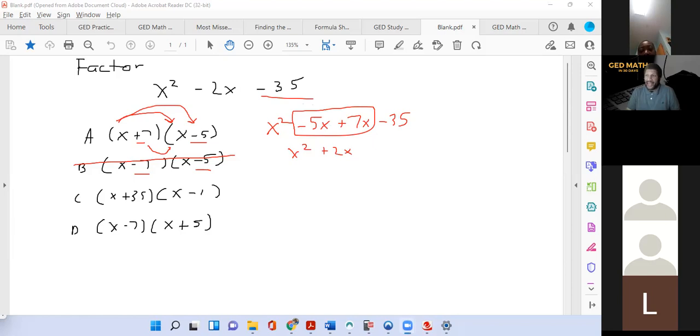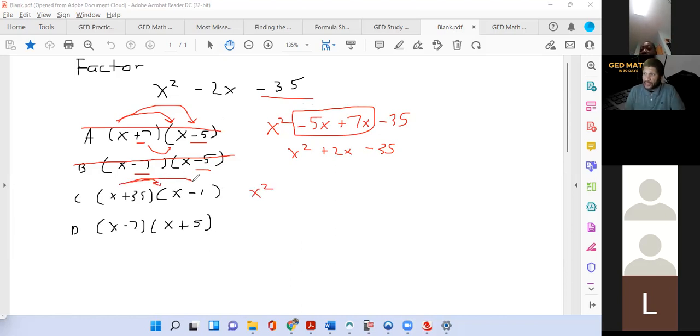So it is not A. Why? Because we're looking for a minus 2x. How do we know it's not B? Because I want to show you a nice little trick. Remember, we multiply 35 and minus 1. We know x times x is x squared.